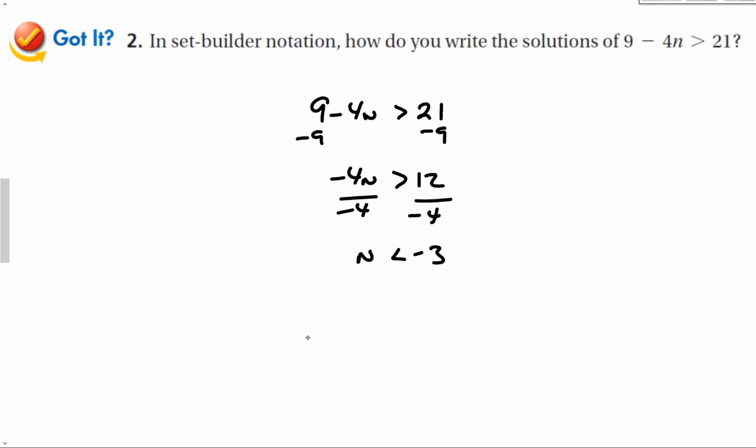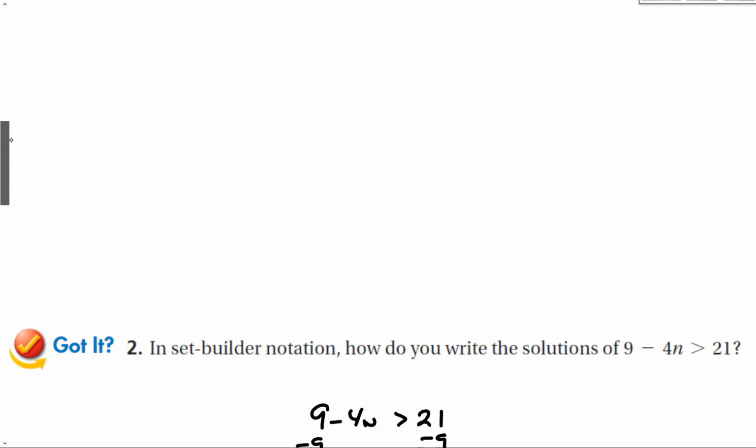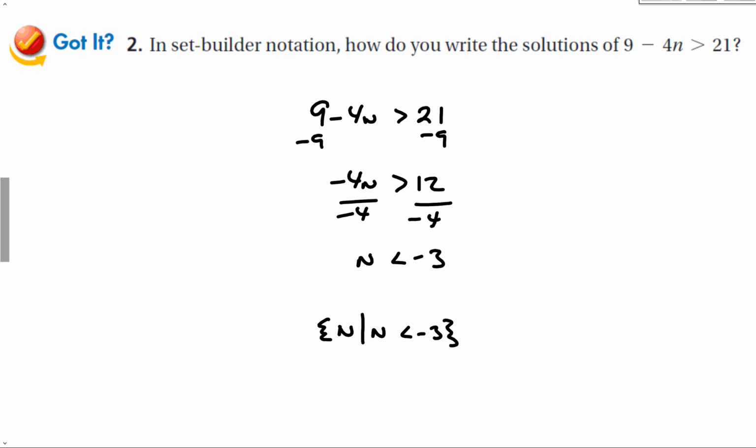And in set builder notation, I can write that as n such that n is less than negative 3. And I can use n as my variable, or I can rename it with a different set.